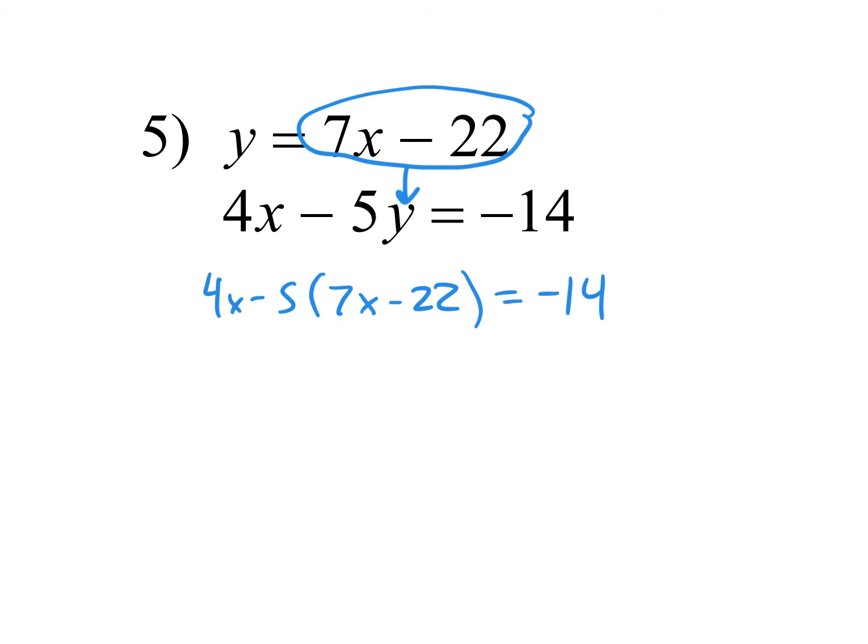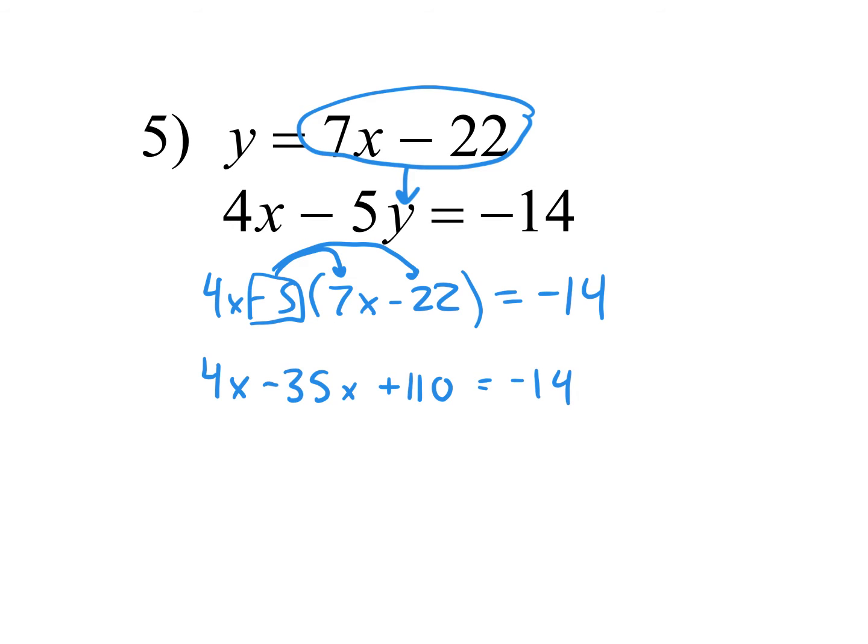What should I do next? Distribute. What am I distributing to 7x and negative 22? Negative 5. Make sure you distribute that negative with it. So I have 4x. What's negative 5 times 7x? Negative 35x. And what's negative 5 times negative 22? Positive 110.